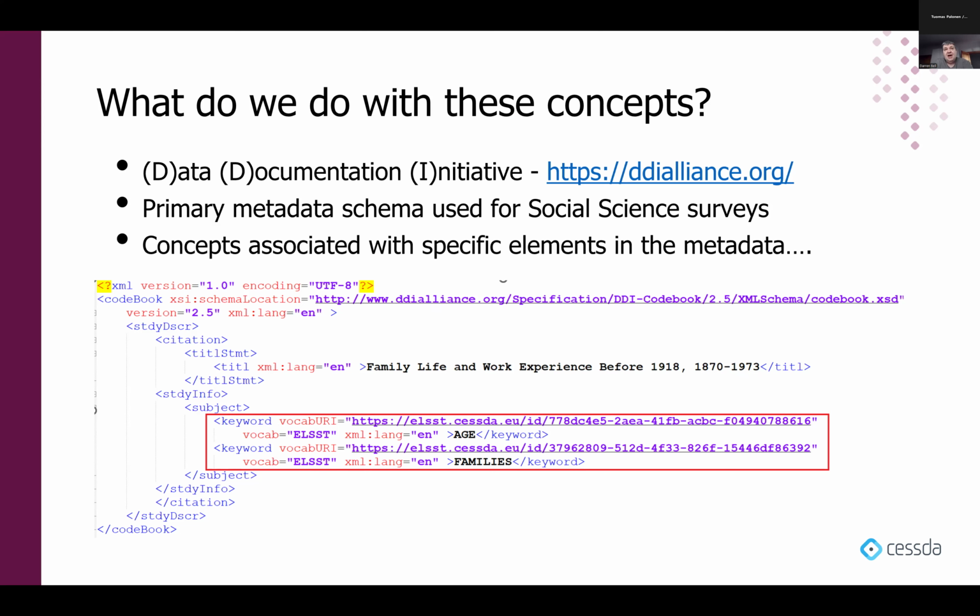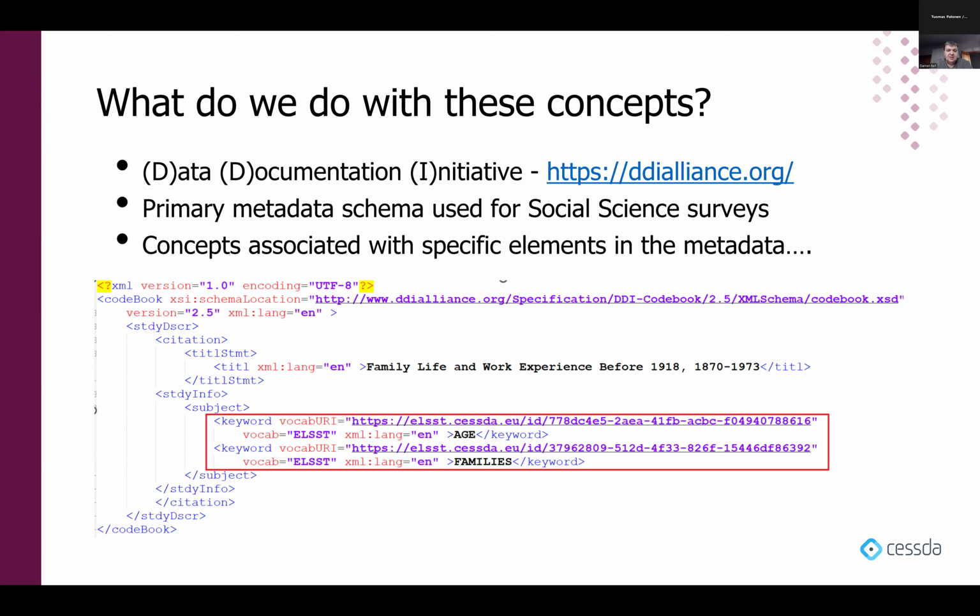And if everyone in CESSDA, and more widely for that matter, uses ELST, then data sets start to become more interoperable and more comparable. So when we talk about harmonizing data, one of the ways in which we can fairly easily harmonize data is to make sure that we're using the same concepts and the same identifiers.